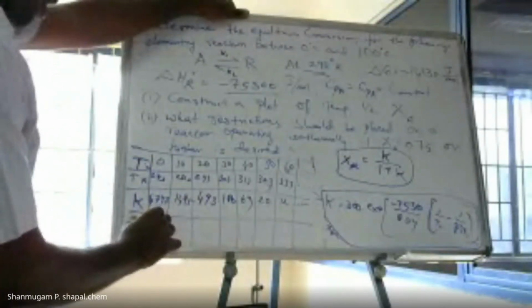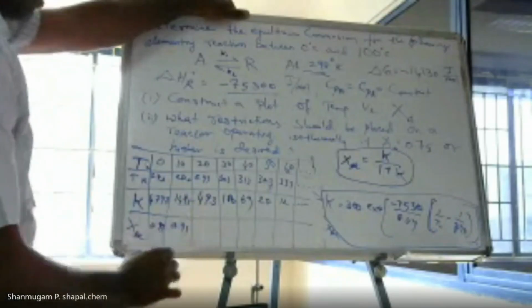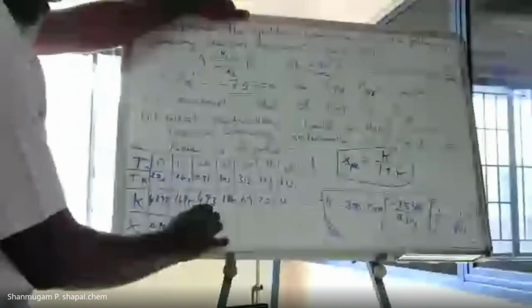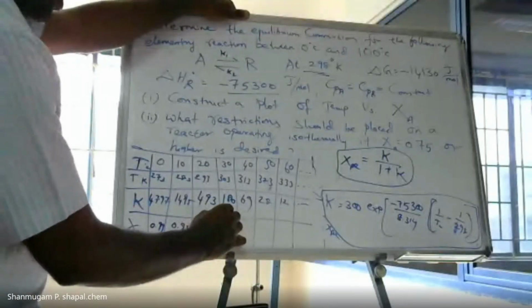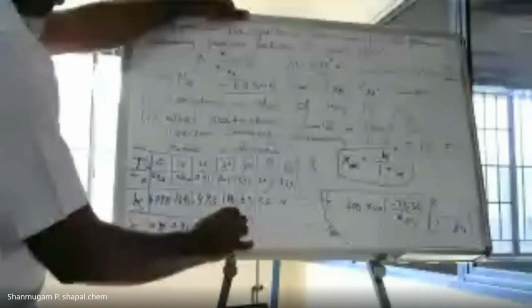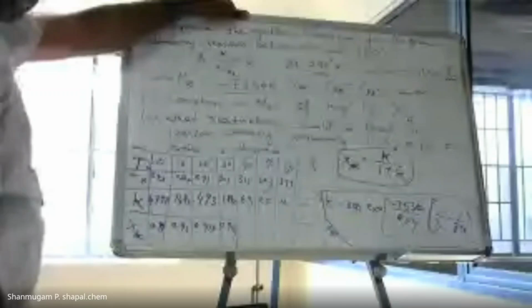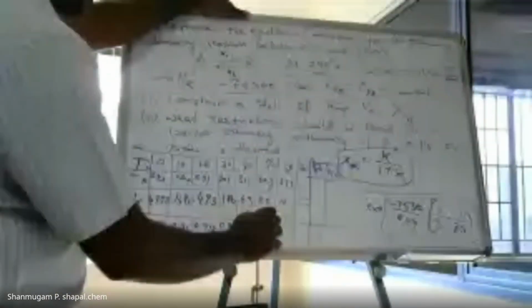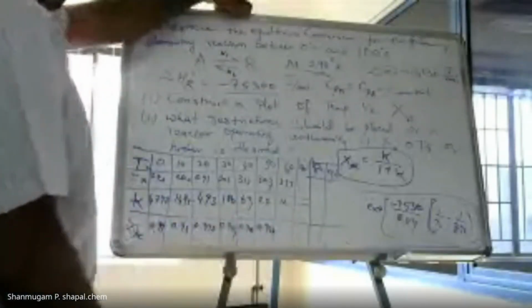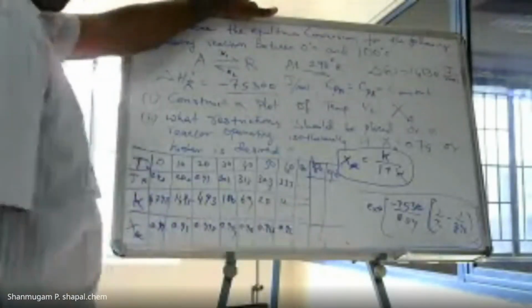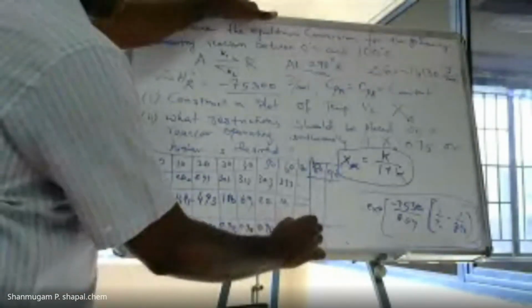That means 0.99, 0.998, 0.966, 0.92, 0.85.